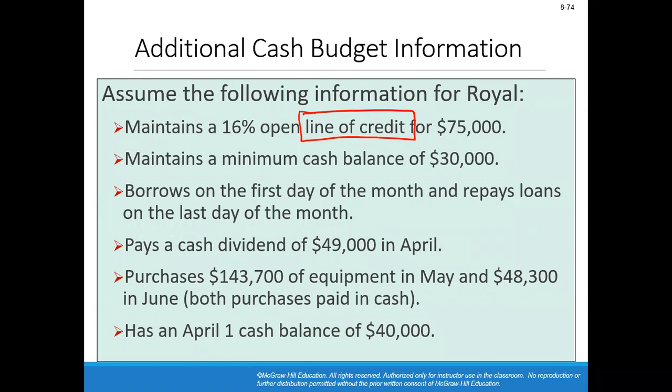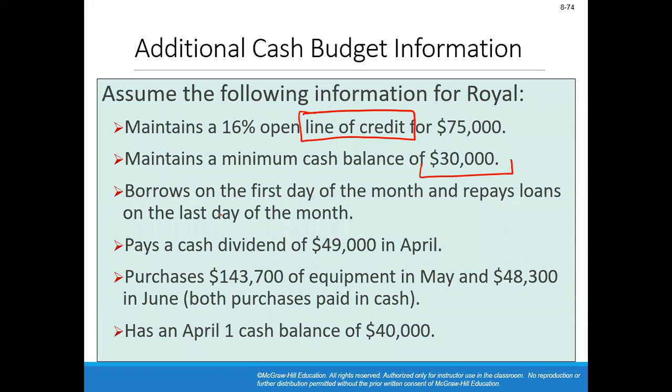So this company maintains a minimum cash balance of $30,000. So regardless of the surplus or the deficit, this company tries to maintain how much cash balance? $30,000. And this company borrows on the first day of the month and repays loan on the last day of the month.